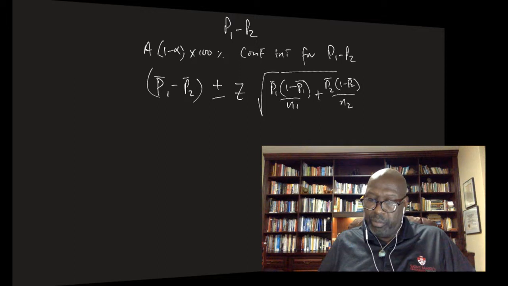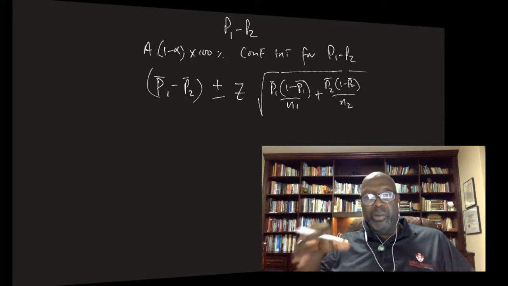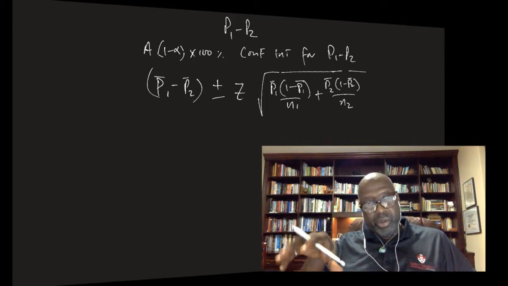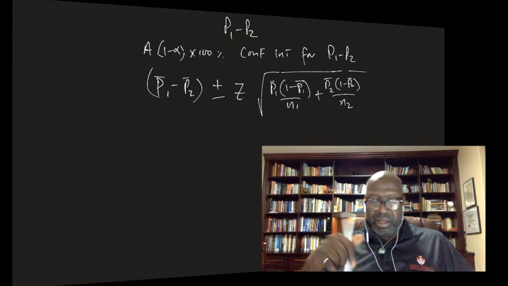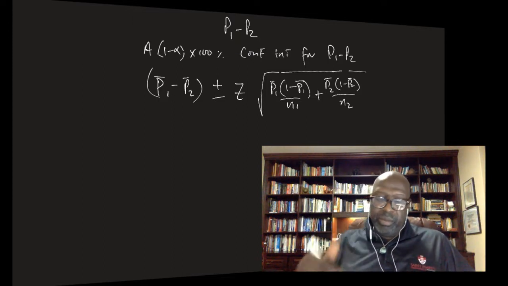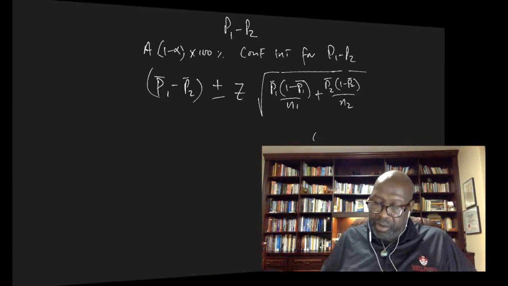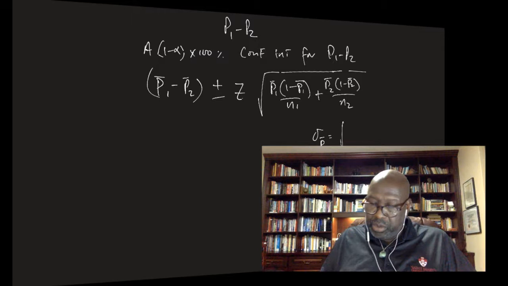All right? So you may recall that in the single sample case, we had the standard error of p bar as the square root of p times 1 minus p over n.